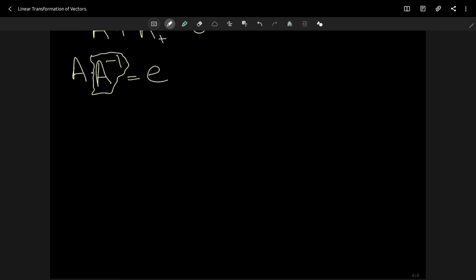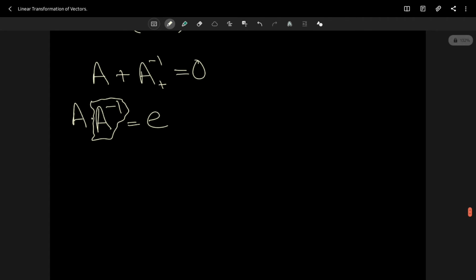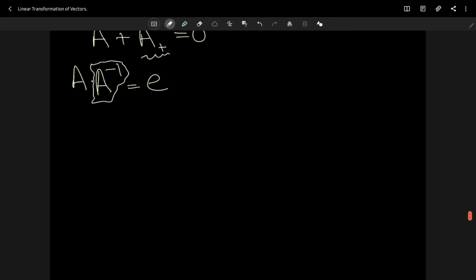Okay, so to actually answer that, let's clean up the notation that I defined over here a bit. We know already now that the additive inverse is simply the negative of the matrix, or this A, the transformation. That's true for the additive part.